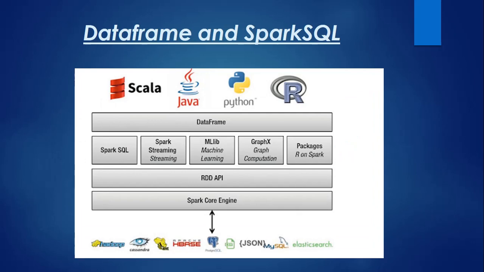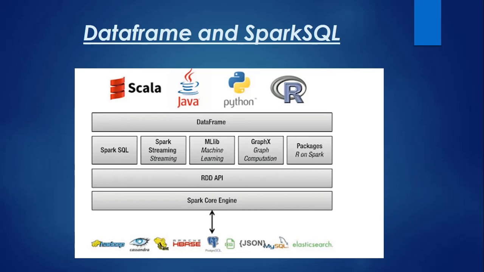Apart from RDD, the second key data structure in the Spark framework is the data frame. If you have done work with Python pandas or R data frames, the concept may seem familiar. A data frame is a distributed collection of rows under named columns.